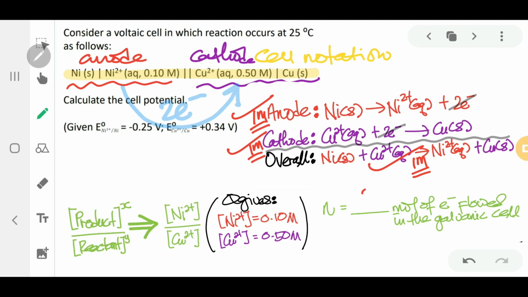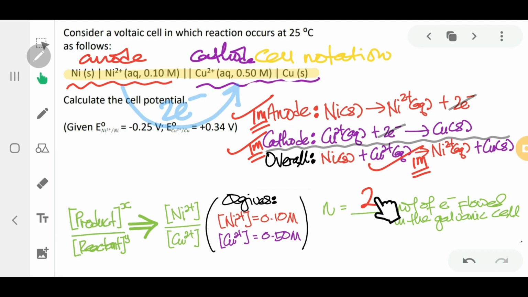So that's why you have 2 moles over here, and the number of moles of electrons is 2. It is incorrect if you assume that the number of moles of electrons is 2 plus 2. That is incorrect. I repeat, that is incorrect. Wrong. 2 plus 2 equals 4. If you put 4 over here, that is absolutely wrong.